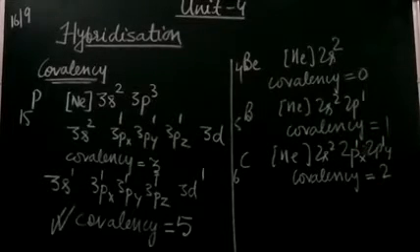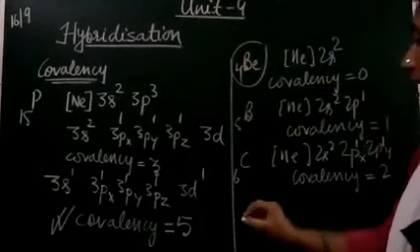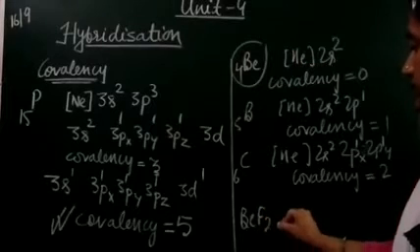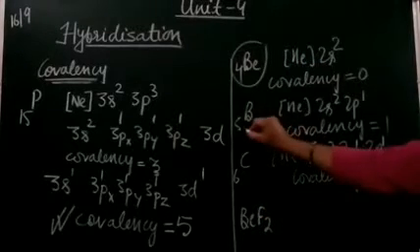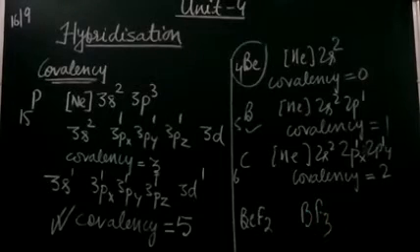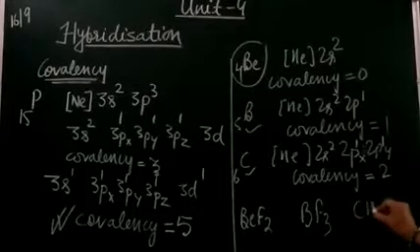But we know that beryllium forms beryllium fluoride, boron forms BF3, and carbon forms methane.